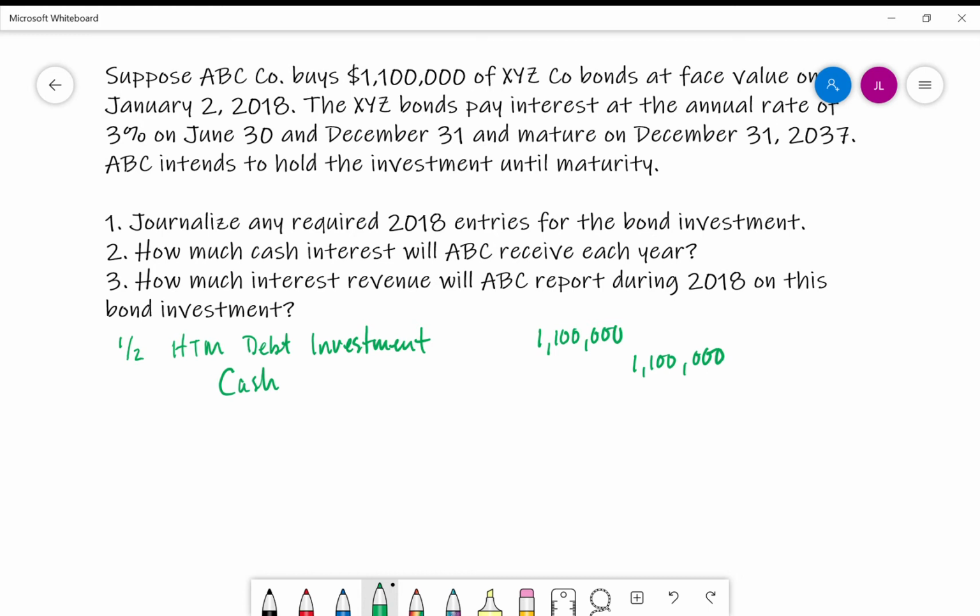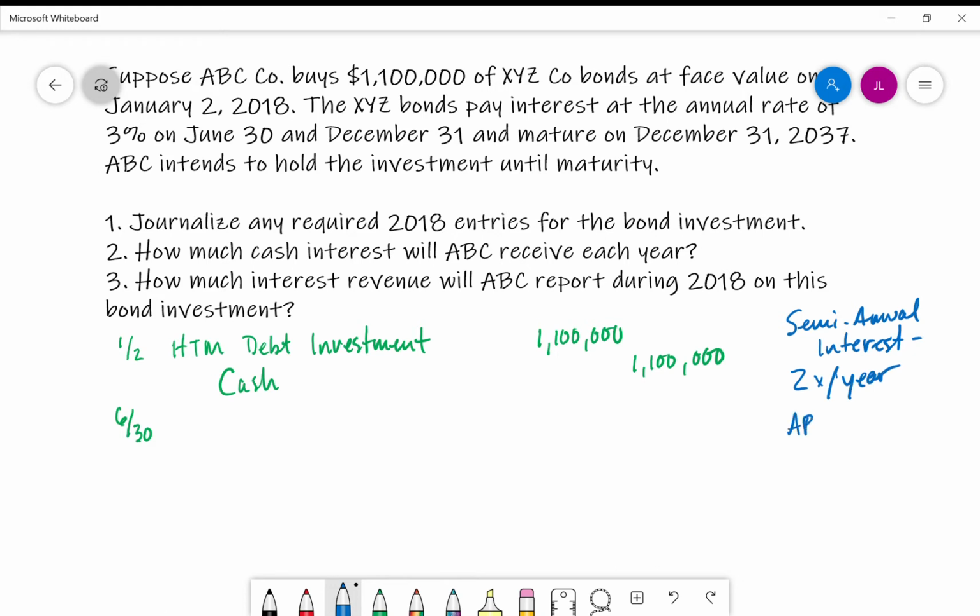Now, the next thing we have to think of is these bonds pay interest at the annual rate of 3% on June 30th and December 31st. So we're going to receive interest on June 30th. The amount of interest that we will receive, well, this pays semi-annually, which means 2 times per year.